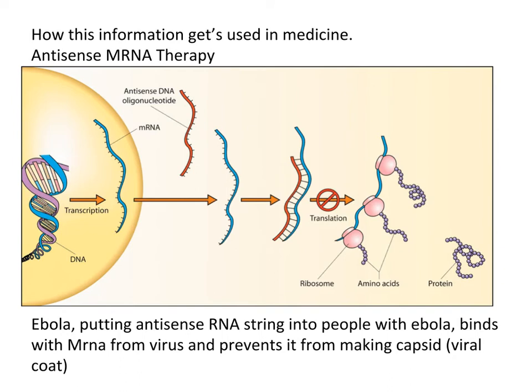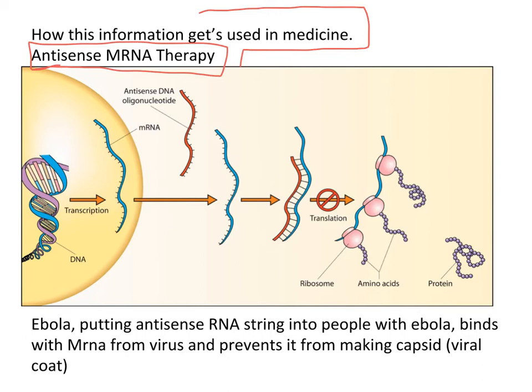All right. This is going to get to really what's going on even with the Moderna and the Pfizer vaccines. And so this is this idea of antisense mRNA therapy. So I'm going to start with this, and then we'll go back to the vaccines in a bit.